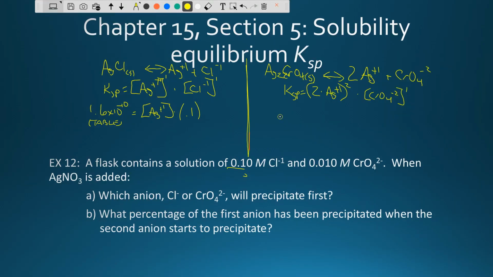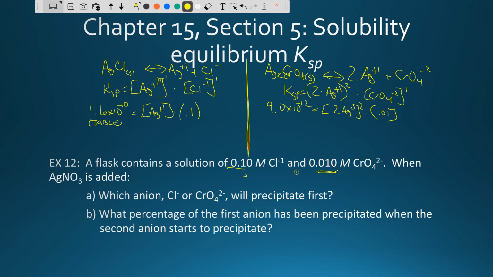And that's to the first power. So again, looking that up, I see 9.0 times 10 to the negative 12 is going to be 2 silver squared times 0.01. Okay, and the 0.01 is going to be right from here.